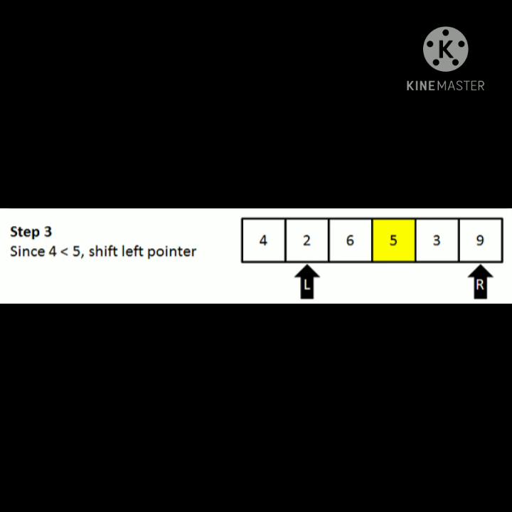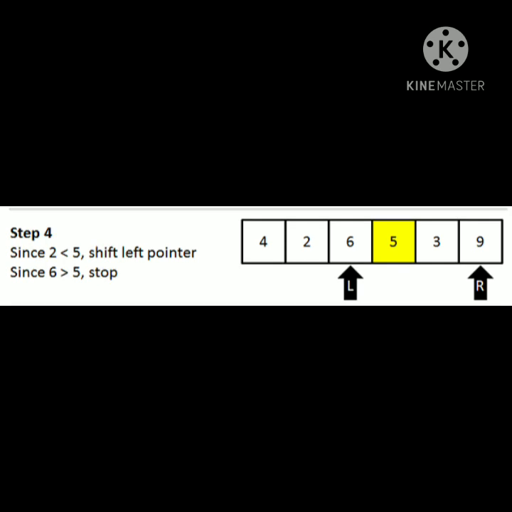Continue until the value of the left pointer is greater than or equal to the pivot value. For our step 4, since 2 is less than 5, shift left pointer. Then, since 6 is greater than 5, stop.